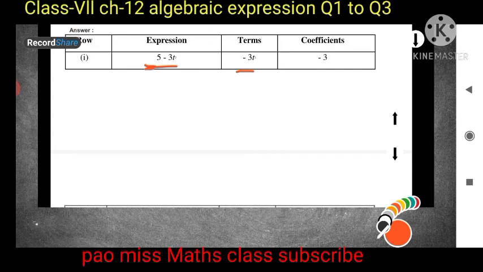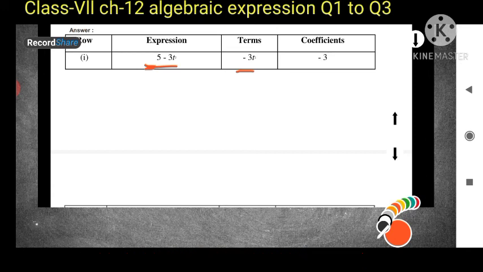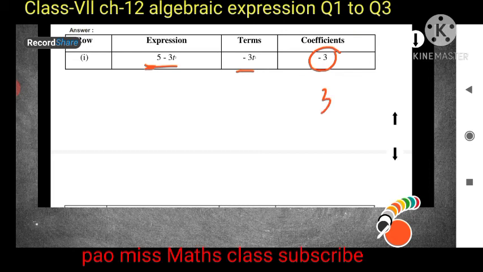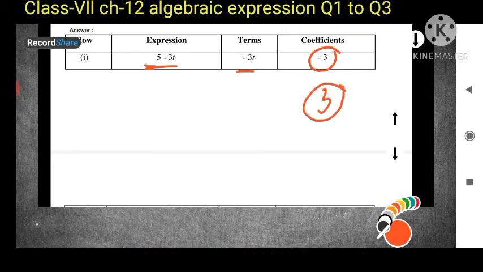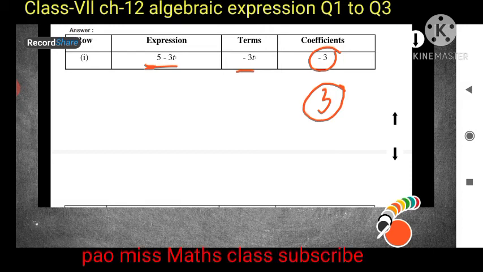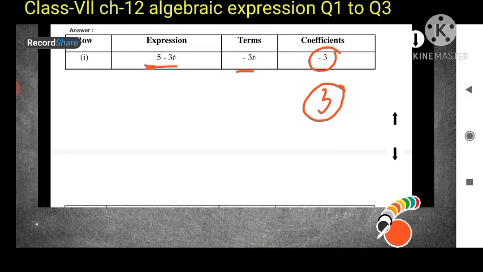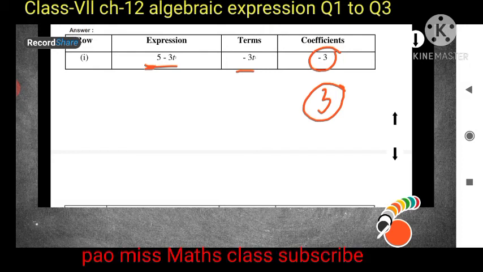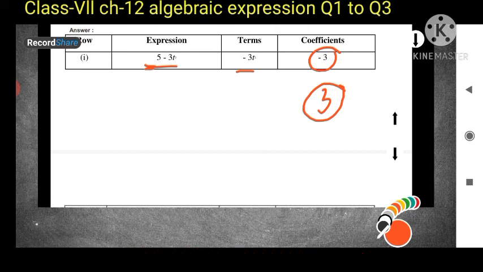Now what is the numerical here? Numerical we can see is 3, isn't it? But it is negative, so we have to write minus 3. If you write only 3, then that will definitely be wrong, because here the negative is there. That means the numerical value will also be negative. So minus 3.